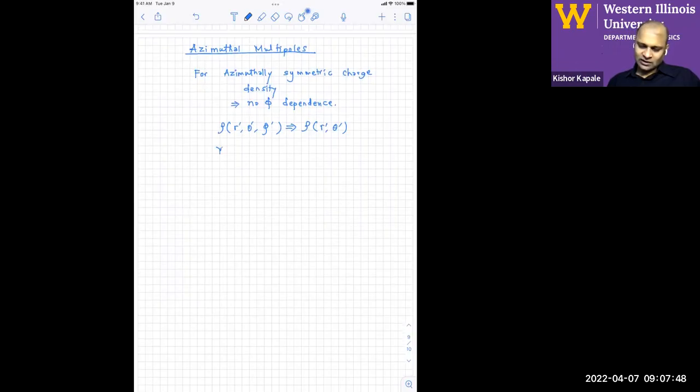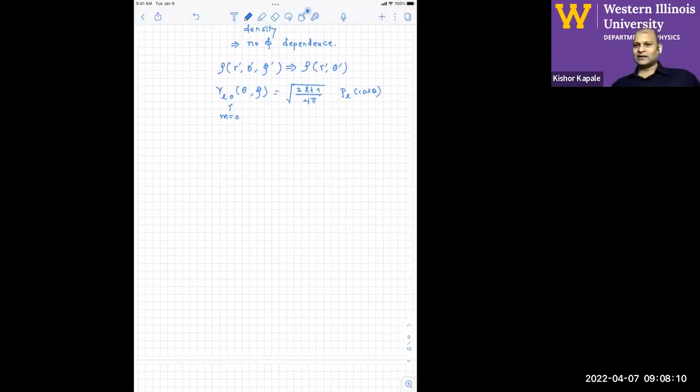Then that means Y_LM of theta, phi, with M equal to 0 always. And so that means it's just going to be the square root of 2L plus 1 over 4 pi, times P_L of cosine theta. That's how the Y_L0 look. No e to the i m phi.